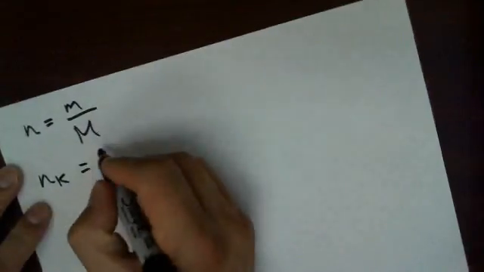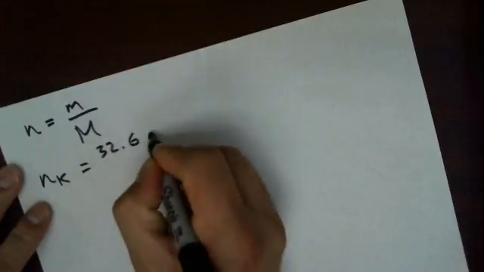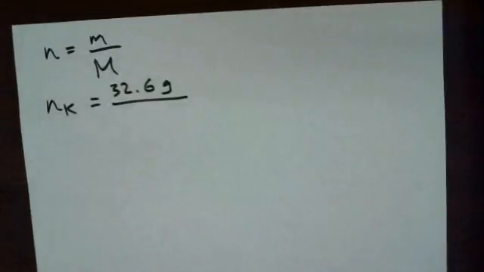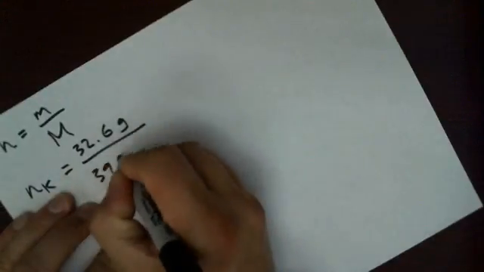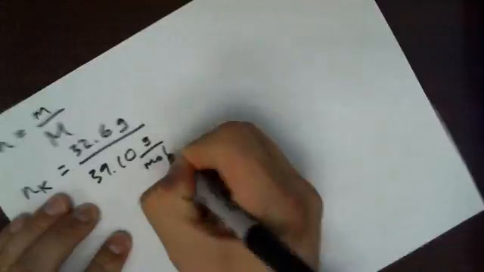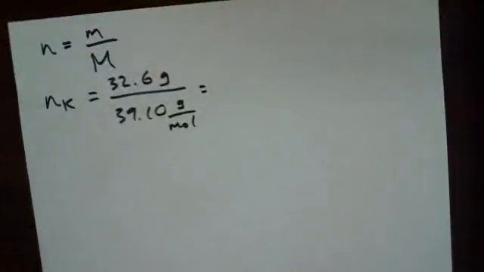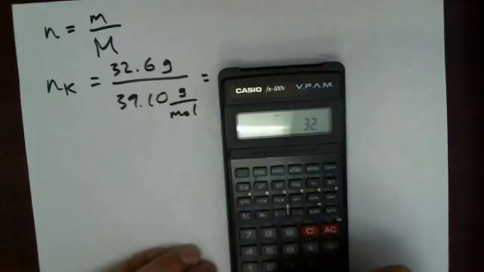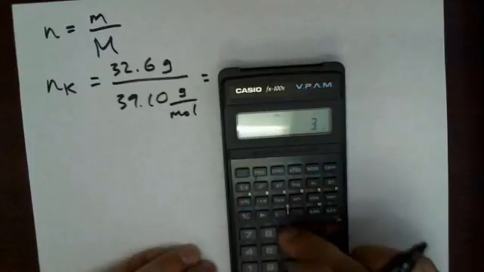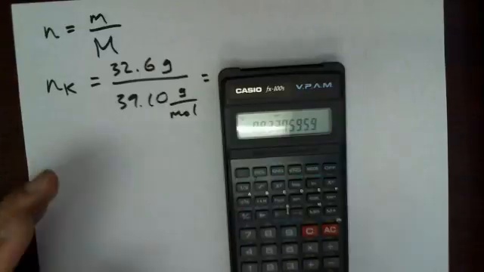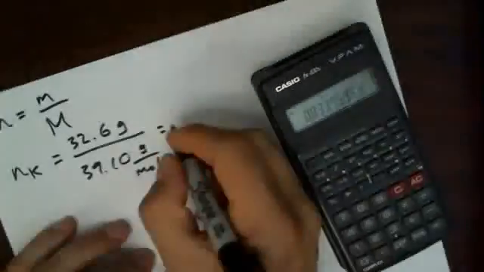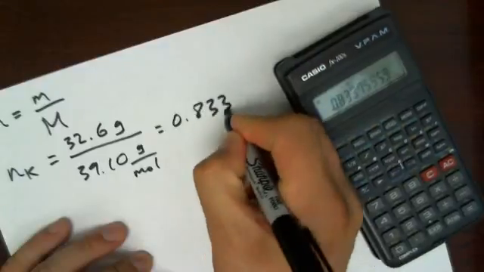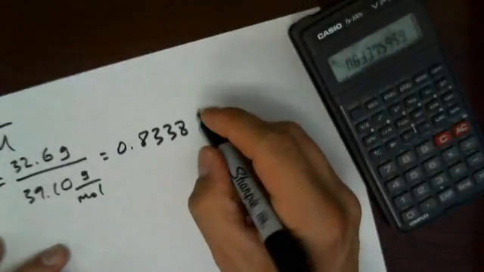So to work out the number of moles of potassium, I have the mass of potassium, which was 32.6 grams, divided by the molar mass of potassium, and from my periodic table that's 39.10 grams per mole. If I work that out on my calculator, I get 0.8338 mole.